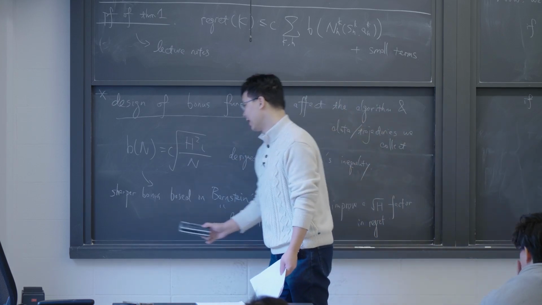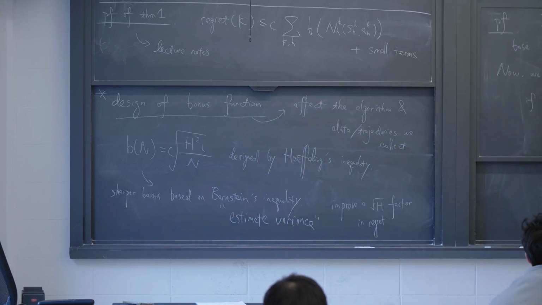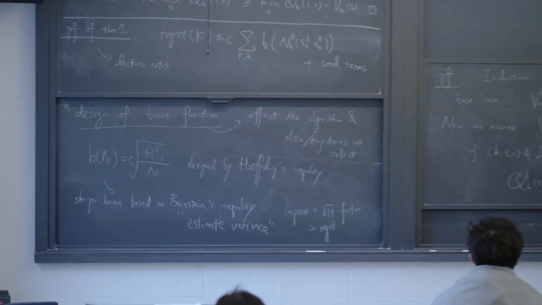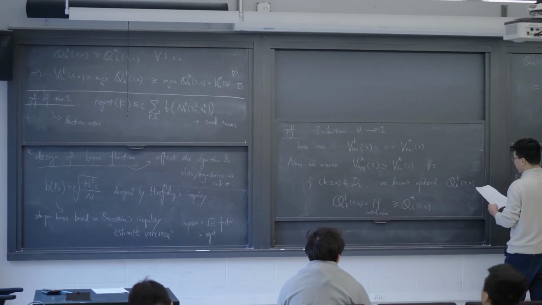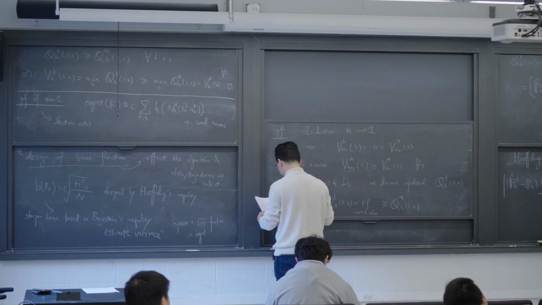What I mean is that a sharper bonus indeed helps in terms of regret. Originally we get square root of H cubed SAT, and now we get square root of H squared SAT.